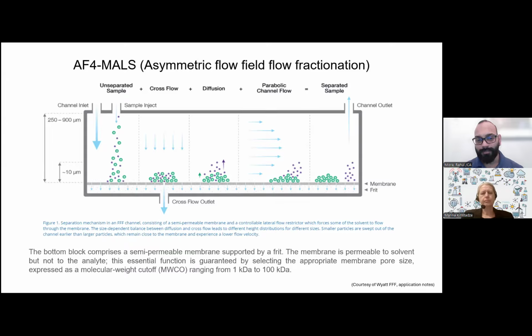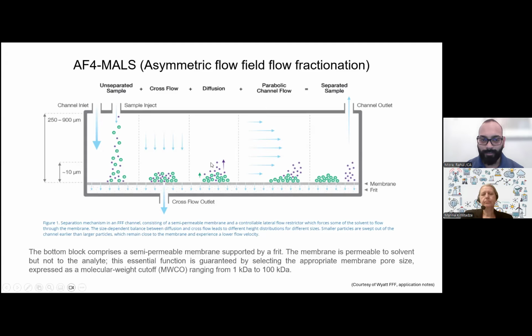Also, sometimes some particles fall apart in the system, and they are so fragile. So SEC could not be a useful technique to separate those aggregates or those kinds of formulations, and that's where AF4 MALS comes into the picture.